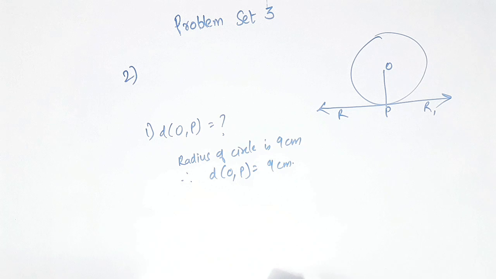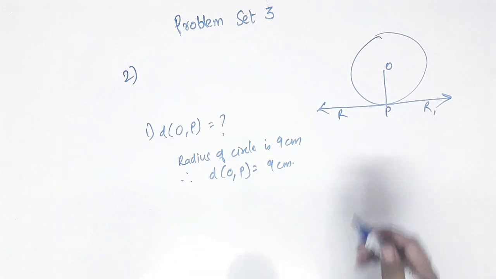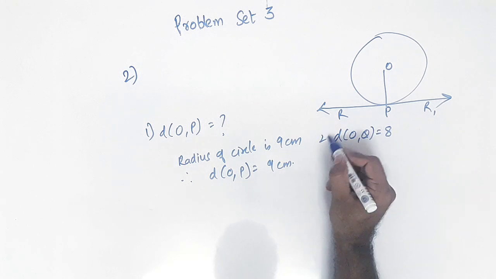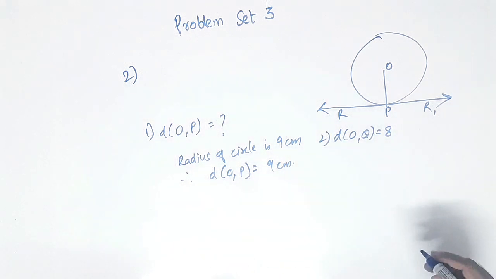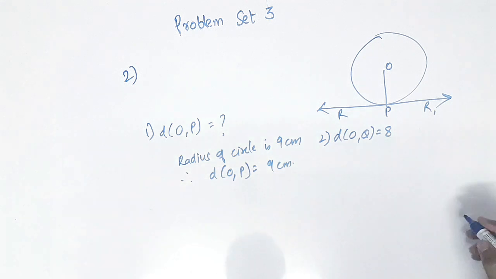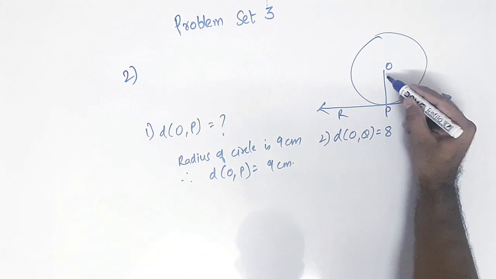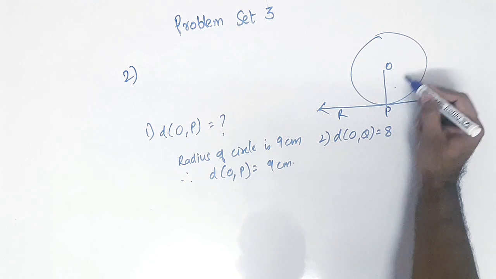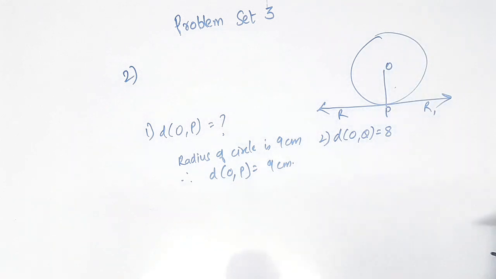Very simple. The second one they have asked is, distance OQ is 8 centimeter. So where does point Q lie? Very simple. Radius of the circle is 9 centimeter. Anything which is less than 9 centimeter will lie in the interior of the circle.